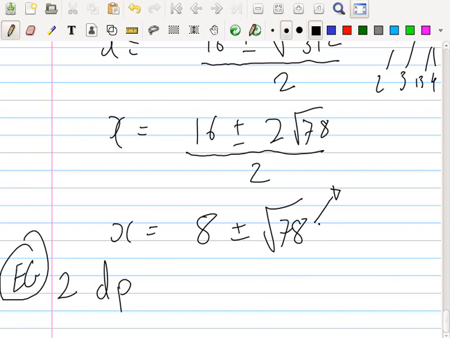So I'll write them here. Give me the plus one first. 8 plus root 78. 10.8. What is it? 10.83. Give me a few more, please. 176, dot, dot, dot. Okay. And then what's this one? Minus 6.8317.